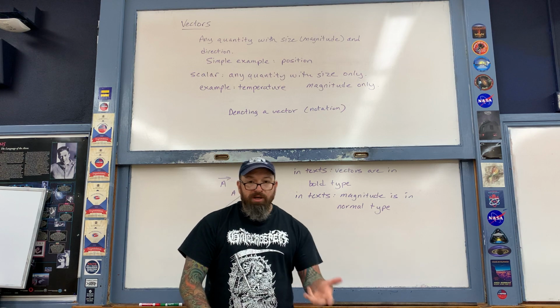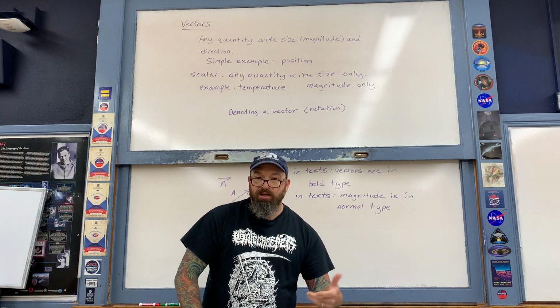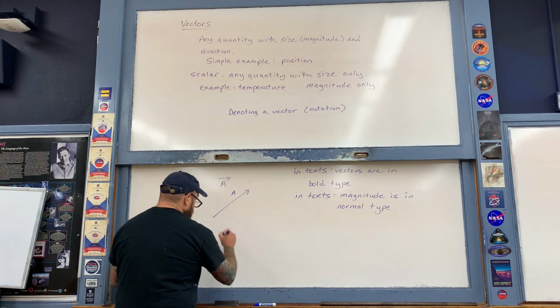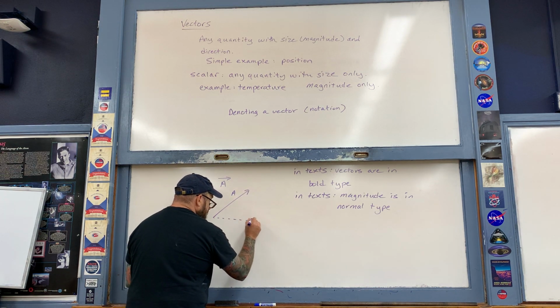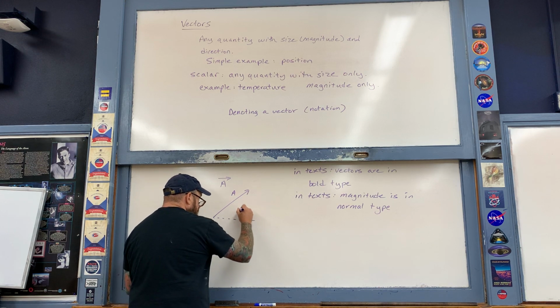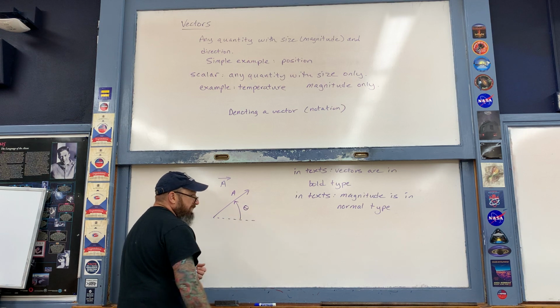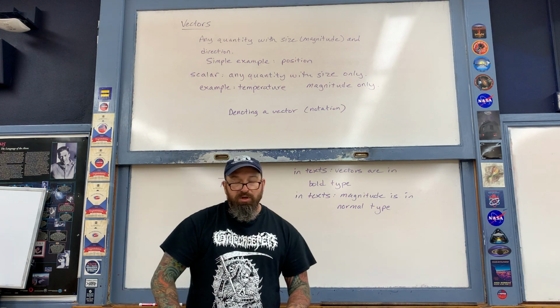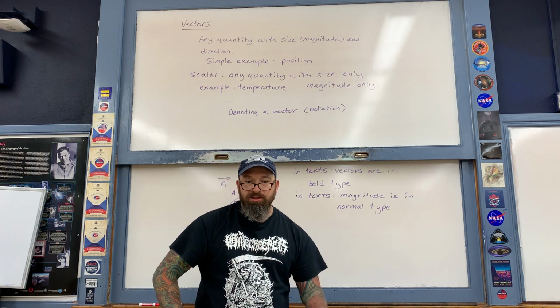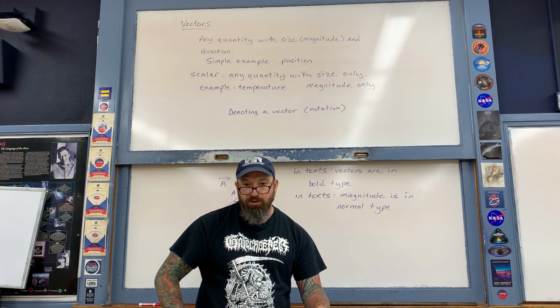Then there is a direction associated with this vector. We usually denote the direction as an angle of some sort. Let's say this represents the positive x-axis, and with respect to the positive x-axis, the vector A forms an angle, which I'll refer to as theta. So what I'm depicting here are the two things associated with the vector quantity A: its magnitude and direction.